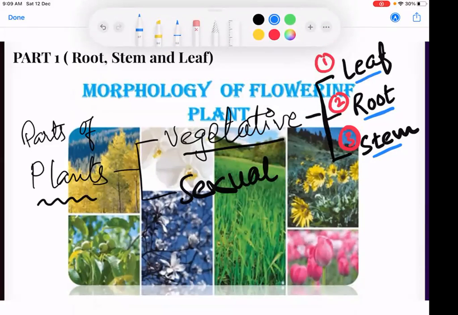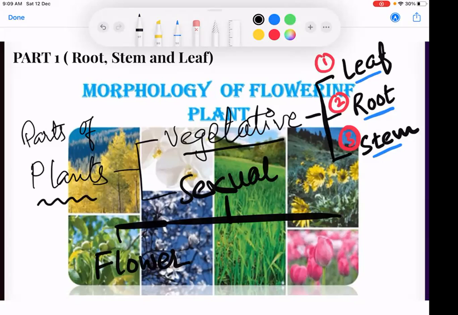Now comes the sexual organs or sexual components of your plants. We have chiefly three main organs. Number one is the flower. Flower is the chief component which is responsible for sexual activities.